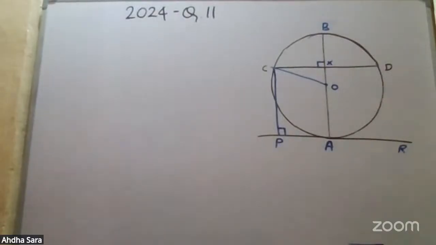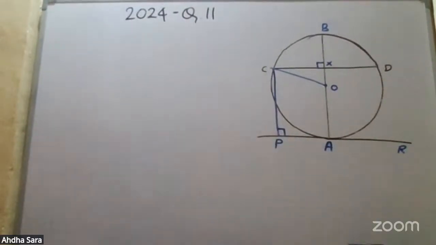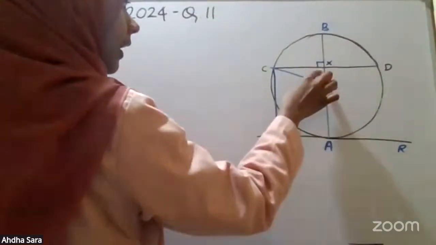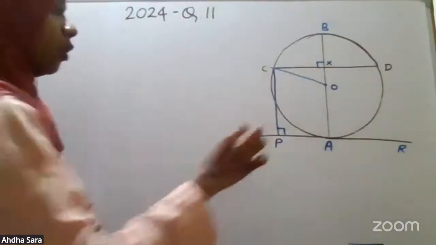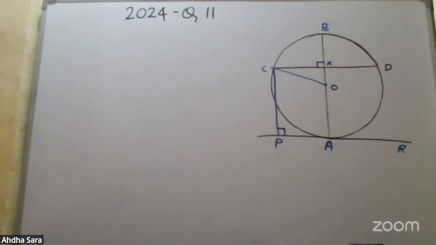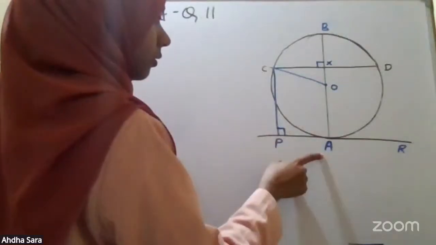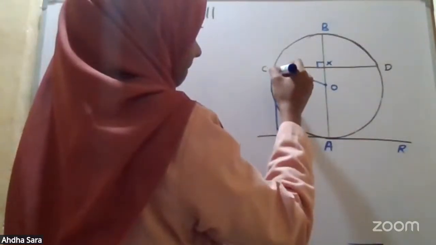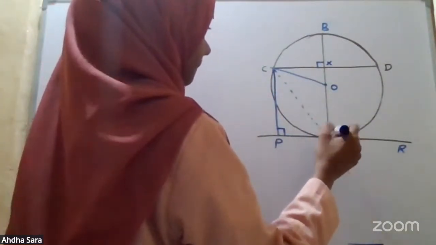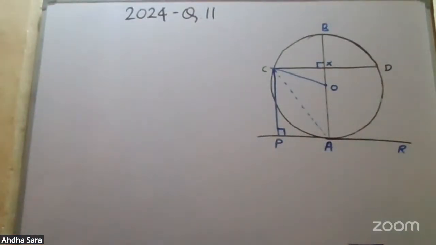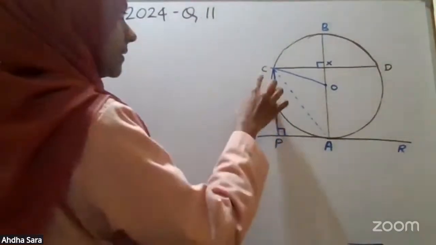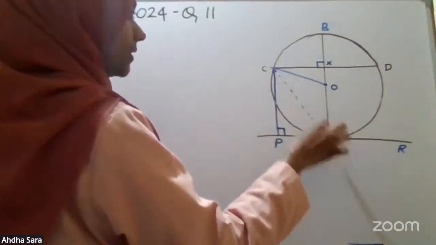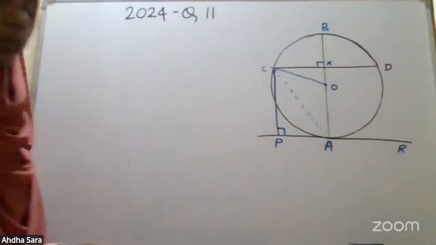The first question: show that PAXC is a cyclic quadrilateral and that the chord AC bisects angle PCO.